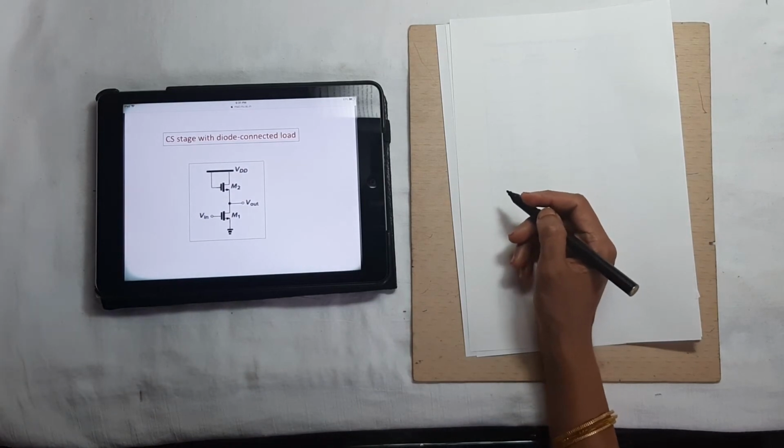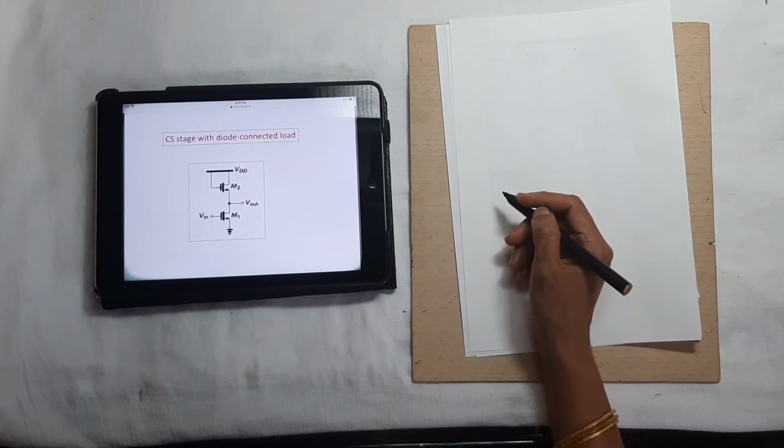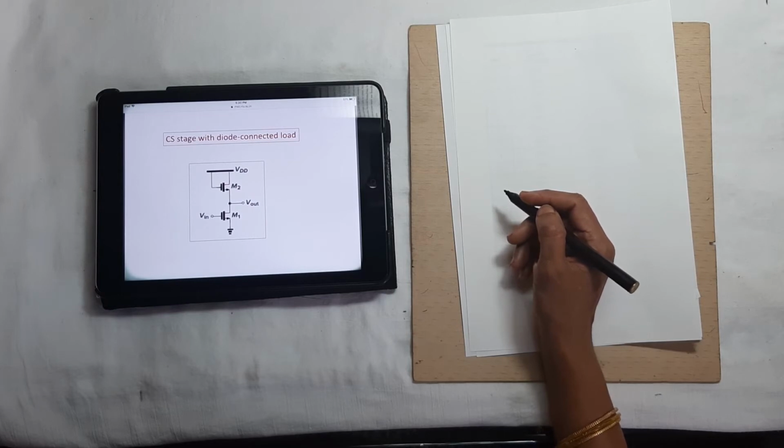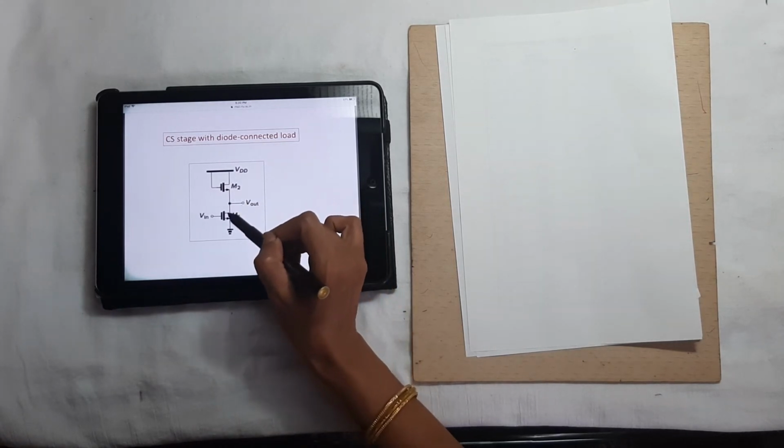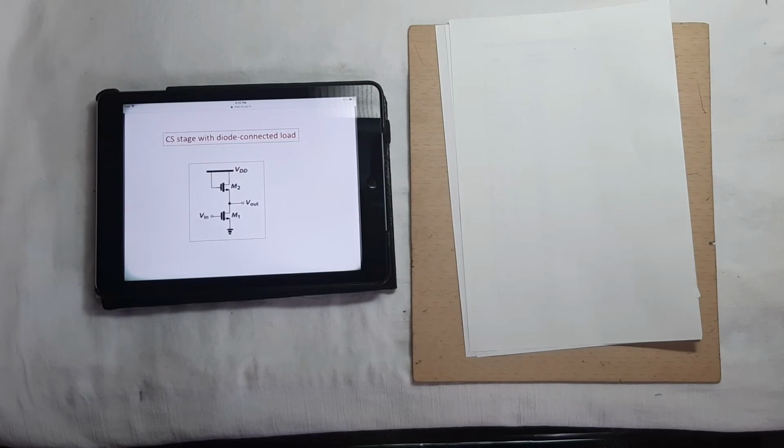The linear behavior of the circuit can also be confirmed by a large signal analysis. Now, neglecting the channel length modulation for simplicity, from this particular figure, the current flowing through this transistor is the same as the current flowing through this transistor.